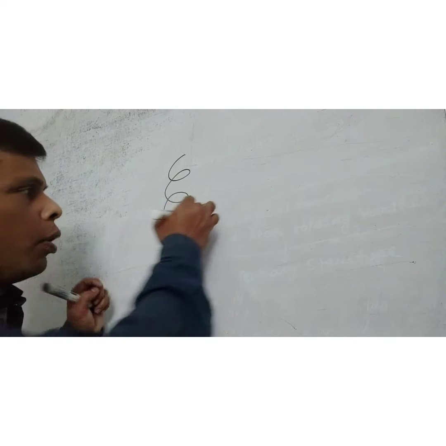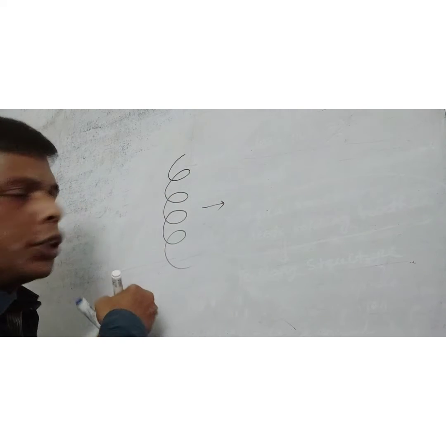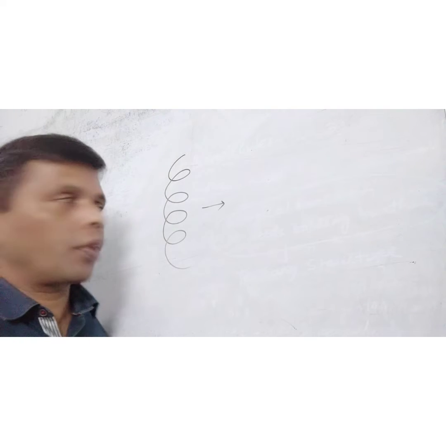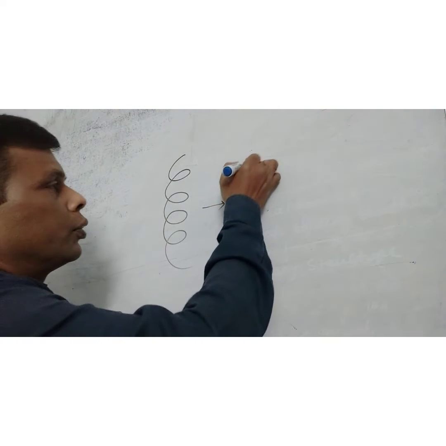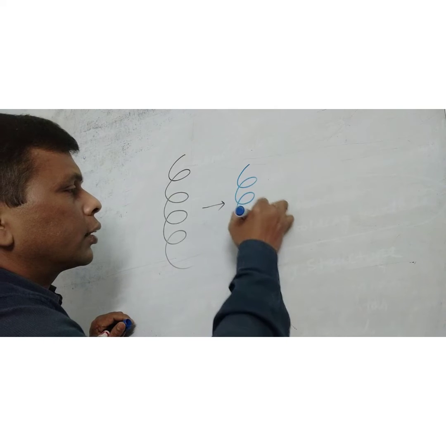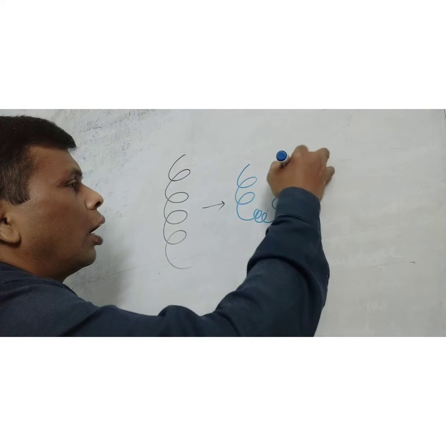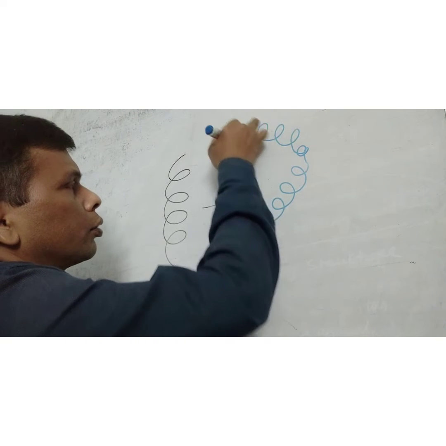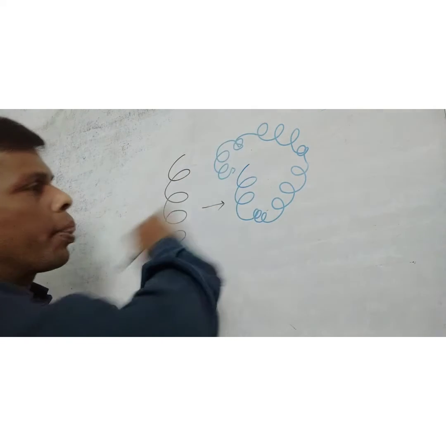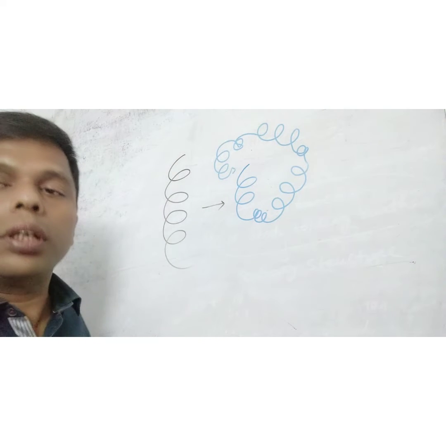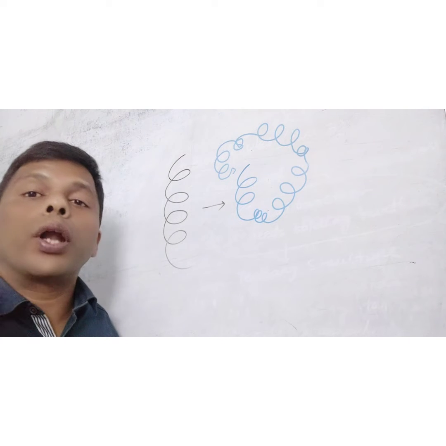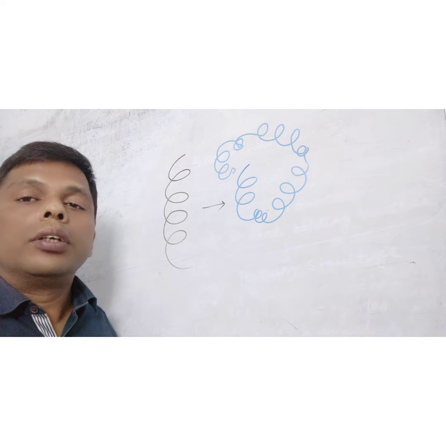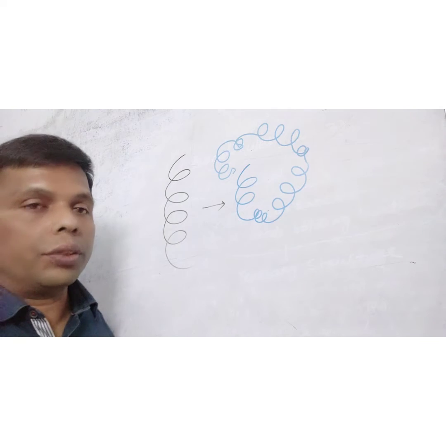Biological function is only possible when the alpha helix is coiled further. Again it becomes coiled, so the alpha helix is further coiled to represent the tertiary structure.